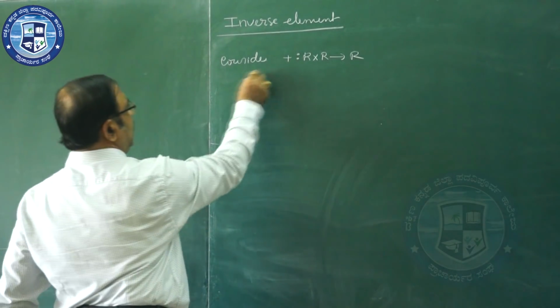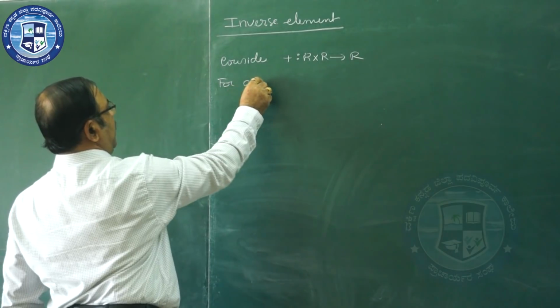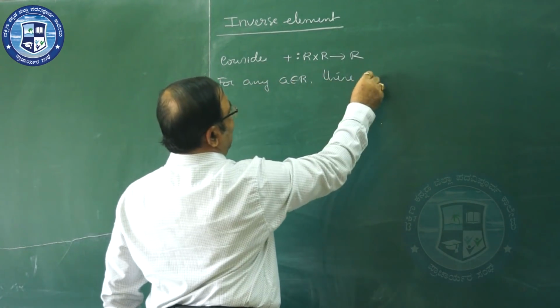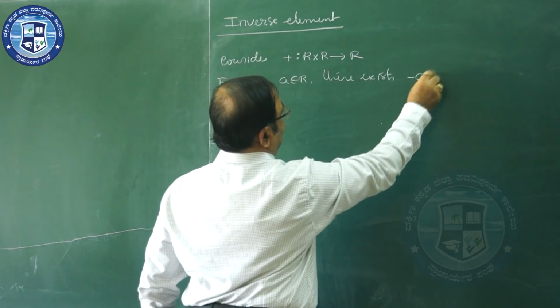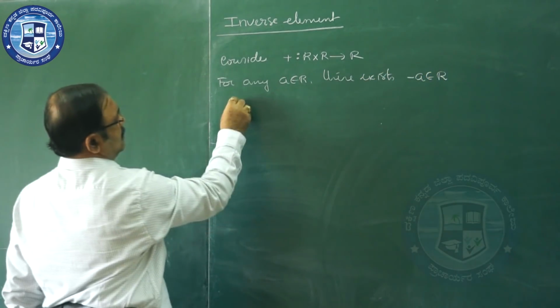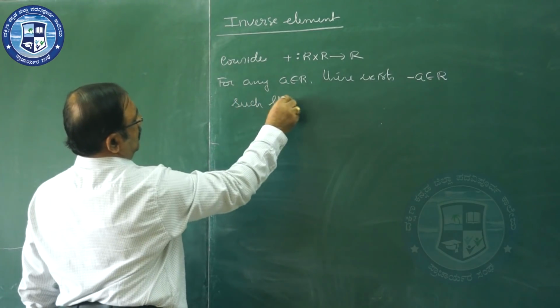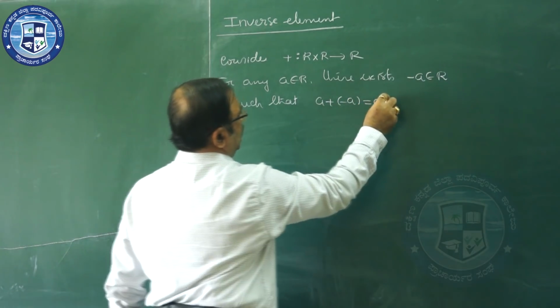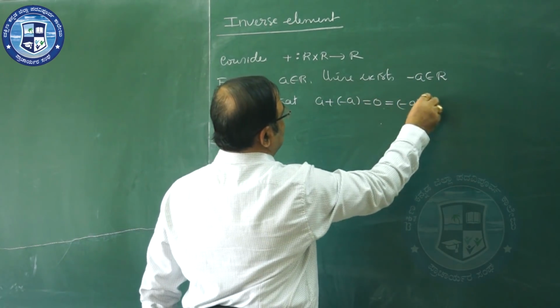Now, for any A belongs to R, there exists minus A belongs to R such that A plus minus A equal to 0, minus A plus A equal to 0.